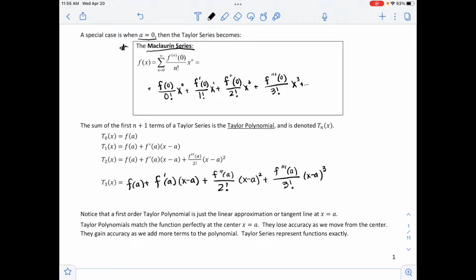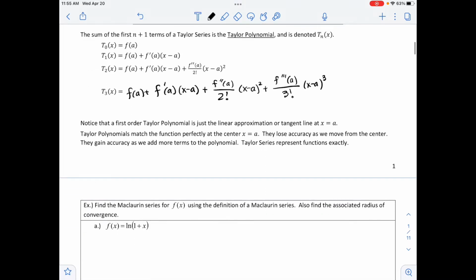And so expanding this out, we have f evaluated at 0 divided by 0 factorial times x to the 0, plus the first derivative evaluated at 0 divided by 1 factorial times x to the first, plus the second derivative evaluated at 0 divided by 2 factorial times x squared, plus the third derivative evaluated at 0 divided by 3 factorial times x cubed, and then so on.